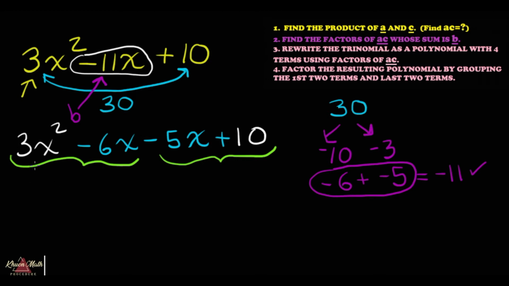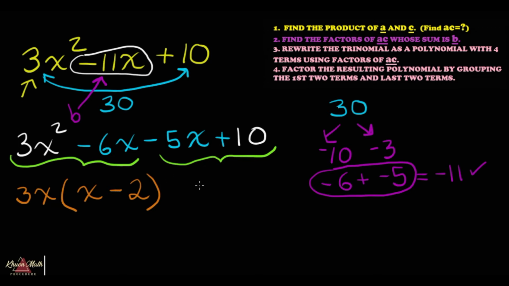What is the greatest common factor for 3x squared minus 6x? Well, that's just going to be 3x. So we pull out the 3x. When you pull out 3x, you're left with x minus 2, because 3x times x is 3x squared, and 3x times negative 2 is negative 6x.